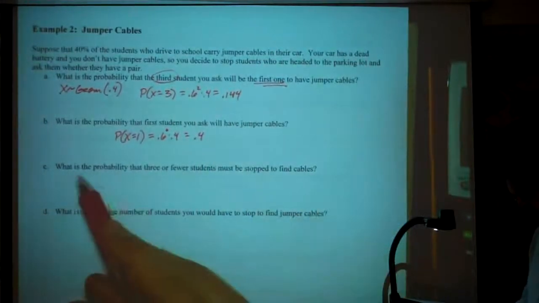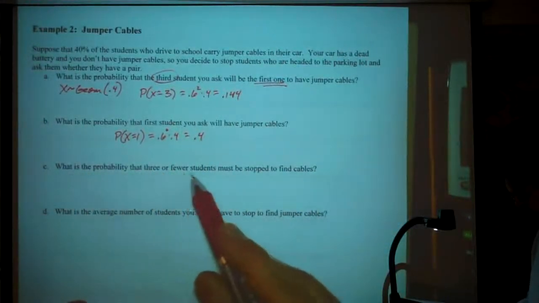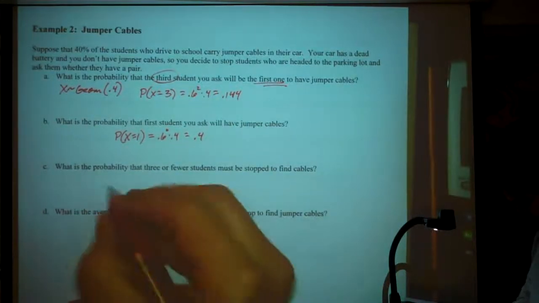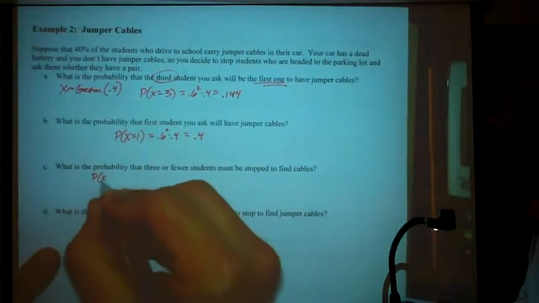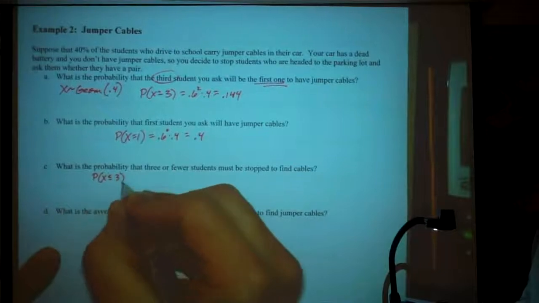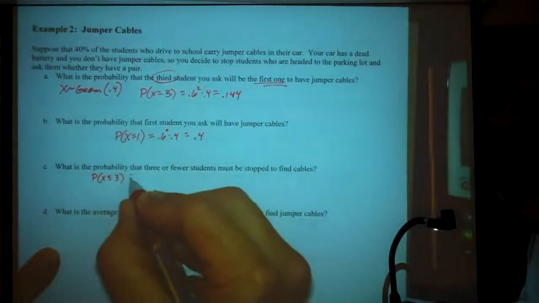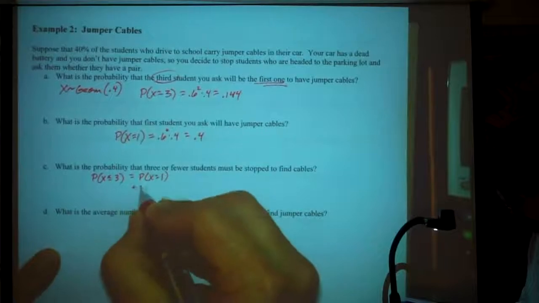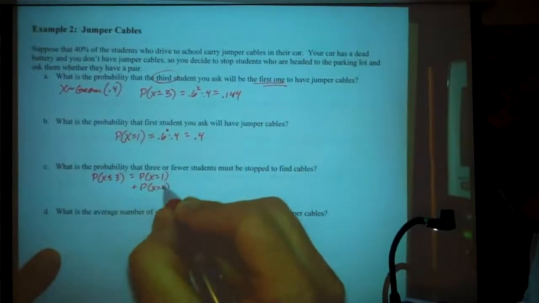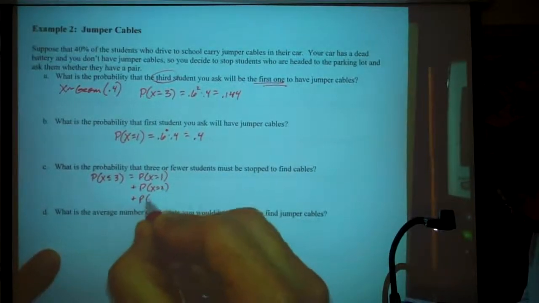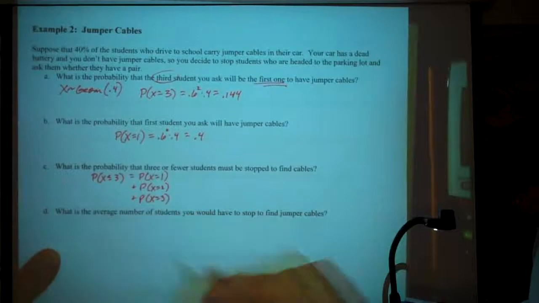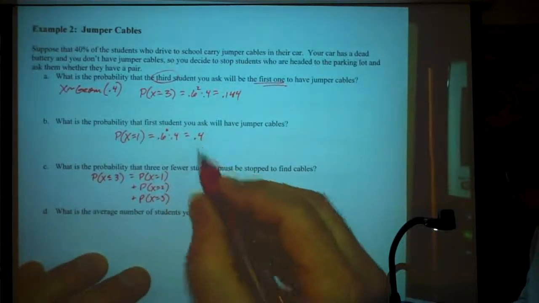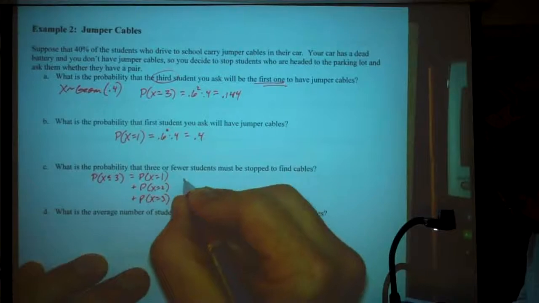Now, what's the probability that 3 or fewer students must be stopped to find cables? Okay? Well, this is the probability that x is less than or equal to 3, which is going to be the probability that x equals 1 plus the probability that x equals 2 plus the probability that x equals 3. Okay? Probability that x equals 1, I already calculated that. That's 0.4.